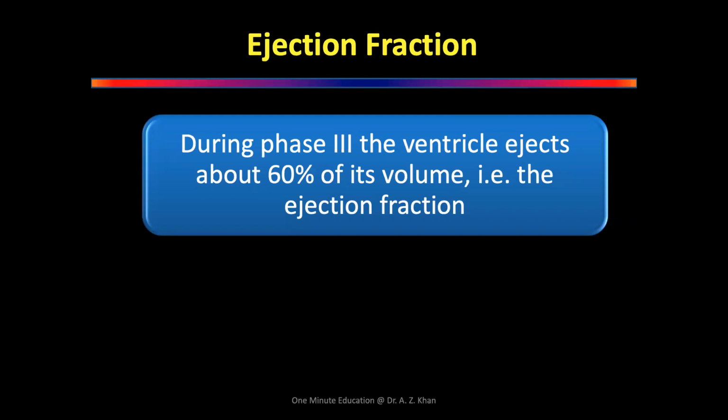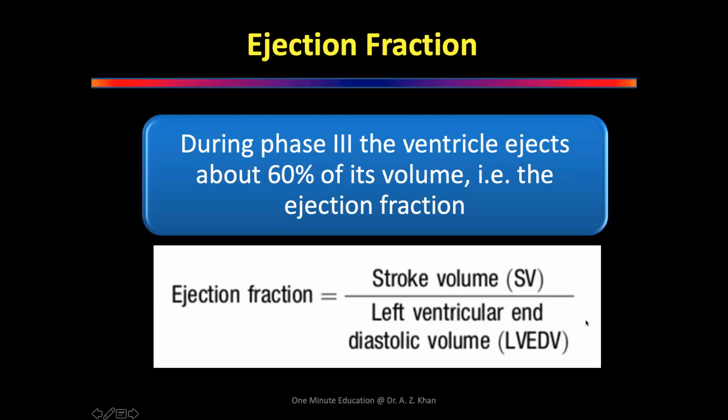Otherwise, you will never understand the graph. Yes, done. Okay. So ejection fraction, the formula that you use is stroke volume divided by left ventricular end diastolic volume. This is the formula, okay? So it's quite self-explanatory if you have understood the previous part of my lecture.